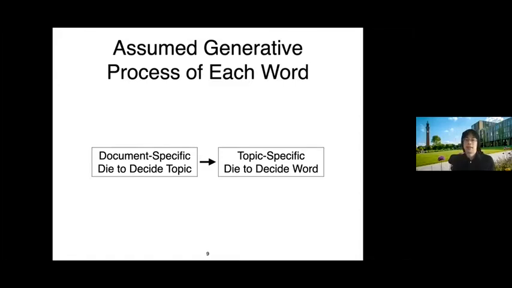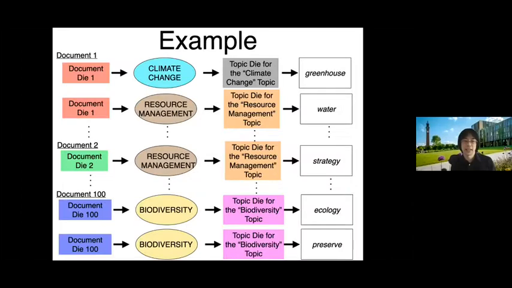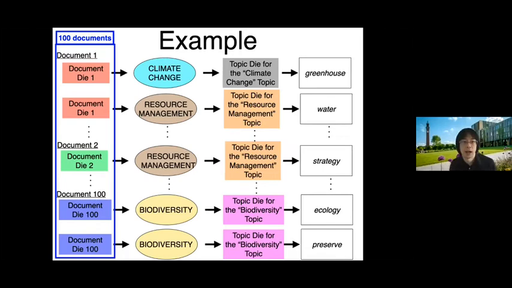This is a probably more intuitive schematic illustration of how topic models work. Let's say there are 100 documents here. Because there are 100 documents, we have 100 irregular dice. So we roll an irregular die as many times as there are words in the particular document. So if there are, I don't know, 1,000 words in document 1, we roll the die specific to document 1 1,000 times.